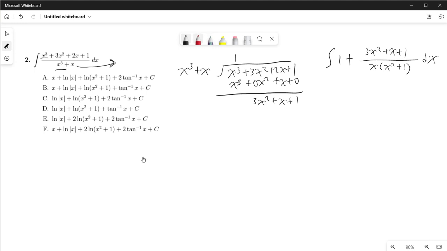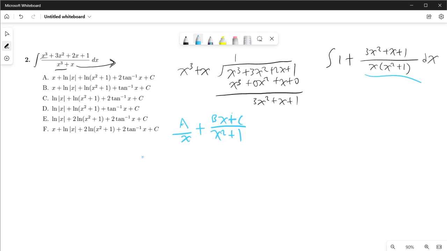Now, I'll do the partial fraction expansion for this, which would be A over x plus bx plus c over x squared plus 1, right? It's non-factorable, so I need to have bx plus c.